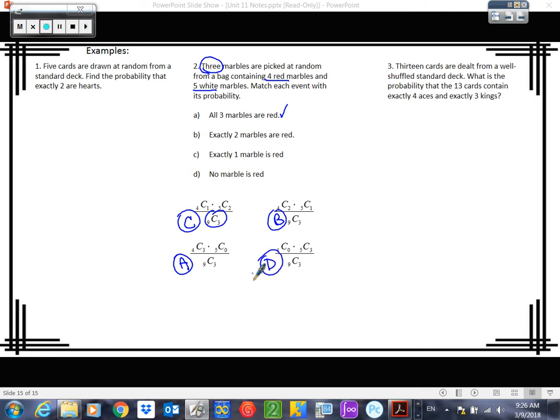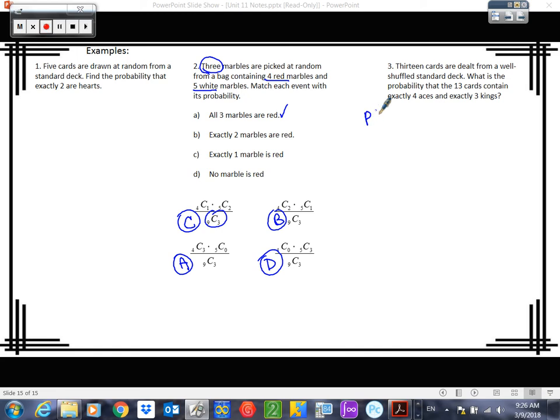I'm hoping that helps you get more comfortable with the way that these are organized. All right, our last one, we have 13 cards dealt from a well-shuffled standard deck. What is the probability that the 13 cards contain exactly 4 aces and exactly 3 kings?